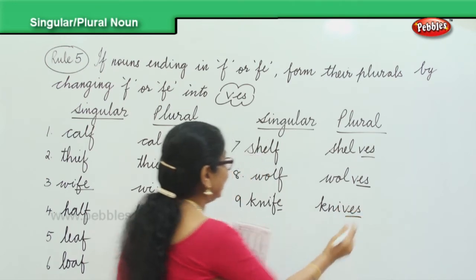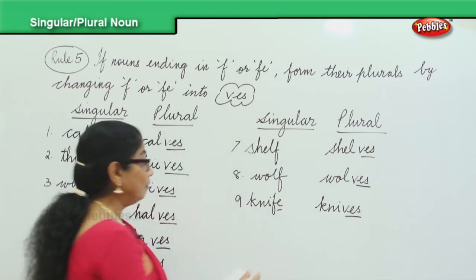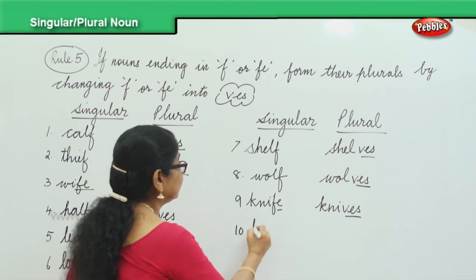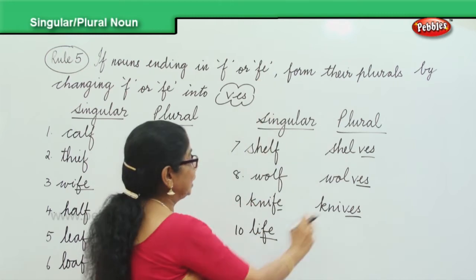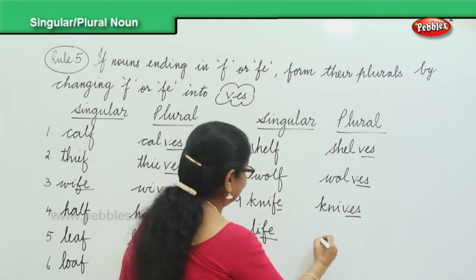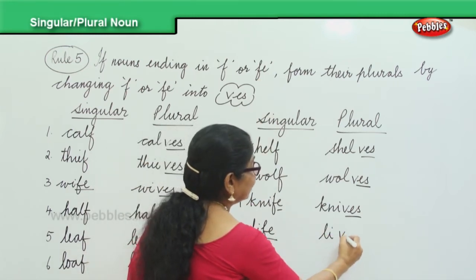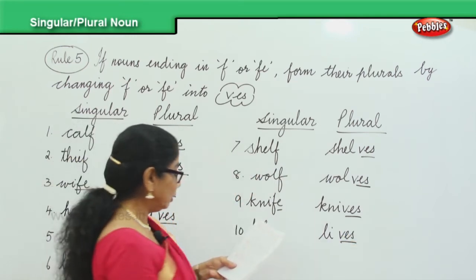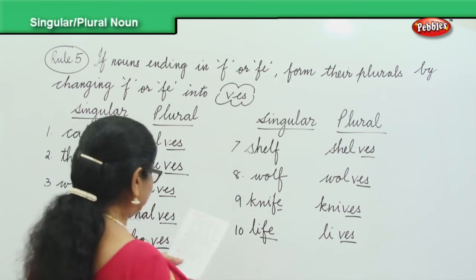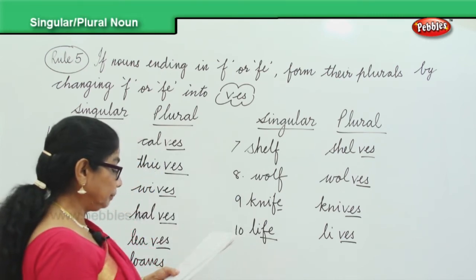Knives. More than one knife. Then we have life. Again you have FE, and we change that and add VES. Lives. Okay? And then you have wife. I've done it for you. Life.